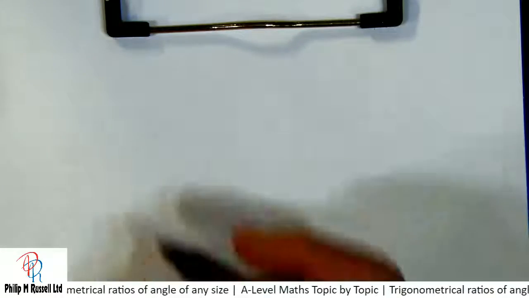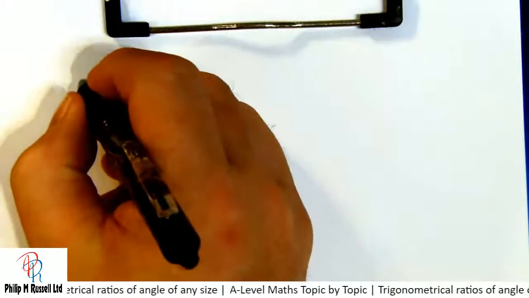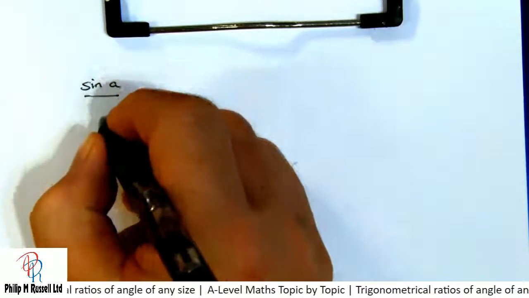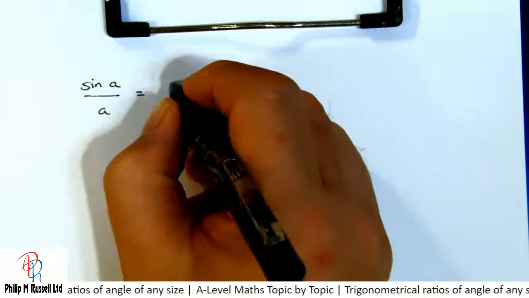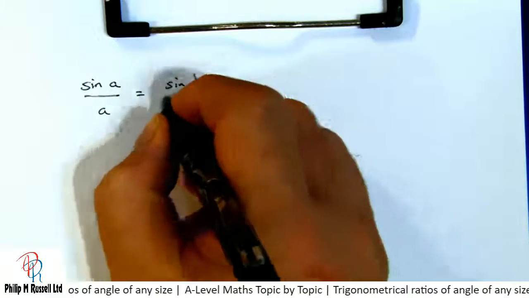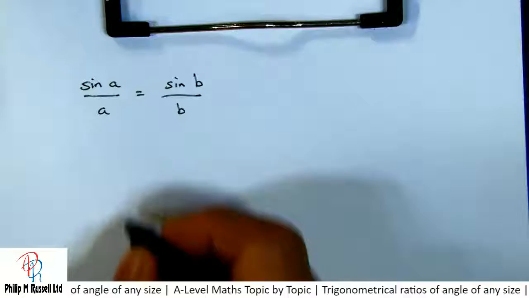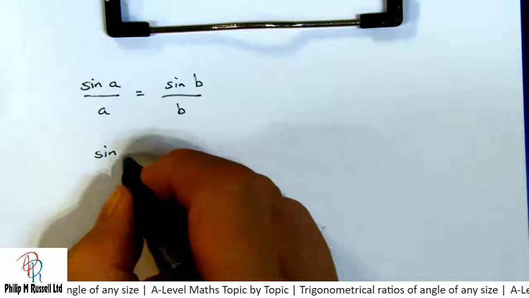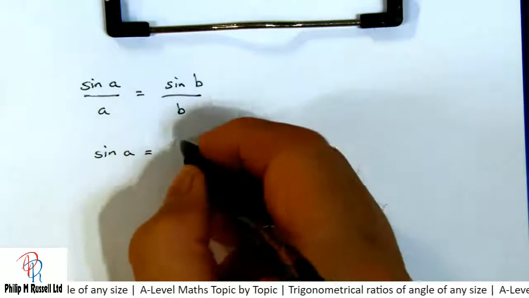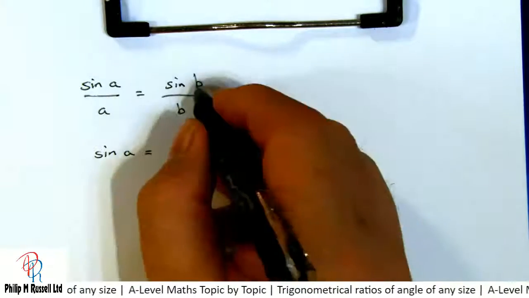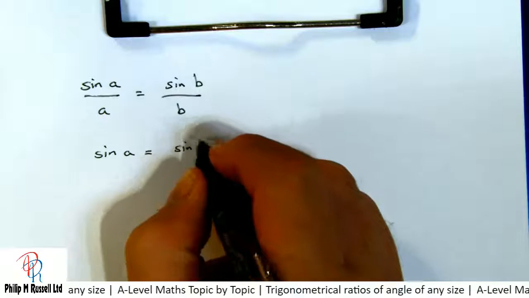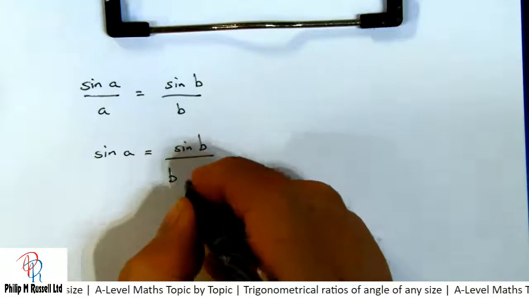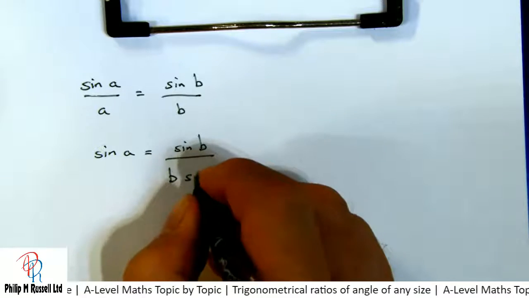And so what we can say for this triangle is that the sine of A over A equals the sine of B over B. And to work out the sine of A, this is going to be the sine of B divided by B times A.